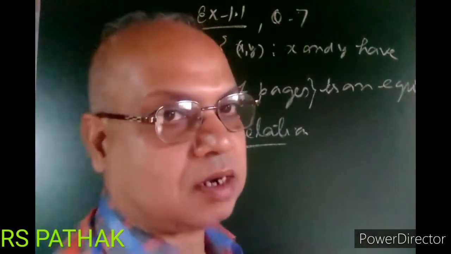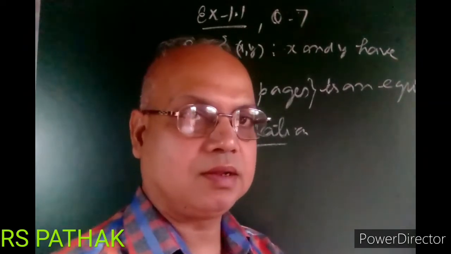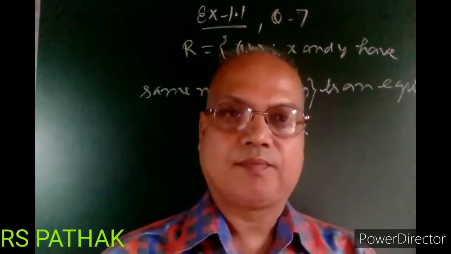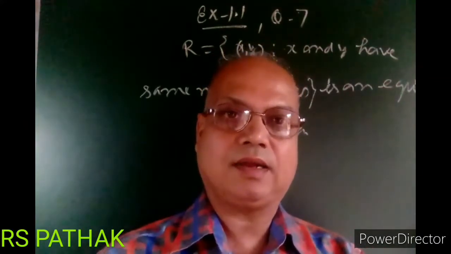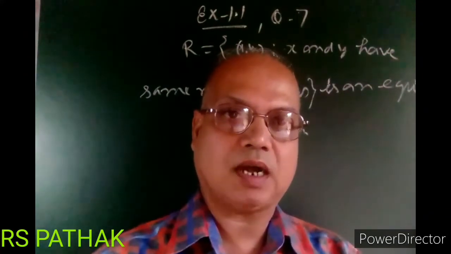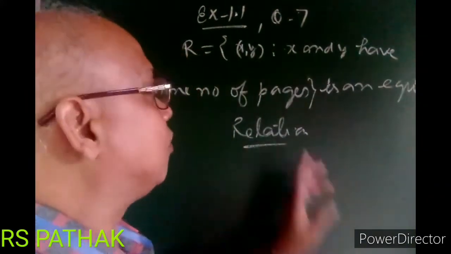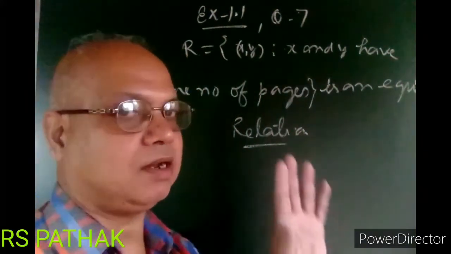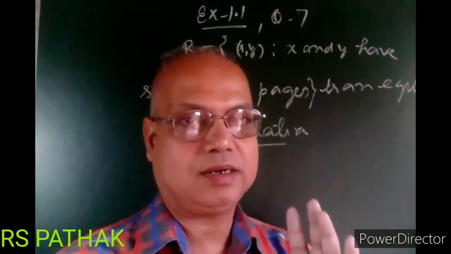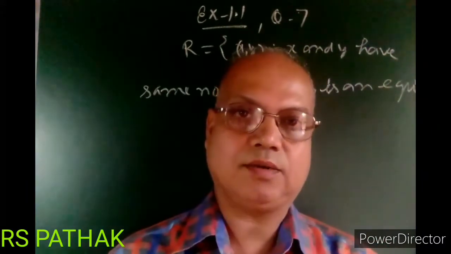Same means, if the math book has 100 pages, let us suppose, Hindi 100 pages, science 100 pages, EVS 100 pages, all the books have the same number of pages. Then you have to prove equivalence relation. Equivalence relation means this relation will satisfy three relations. First is reflexive, second is symmetric, third is transitive.